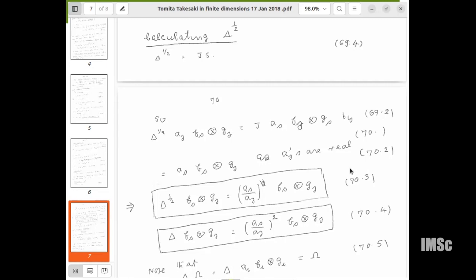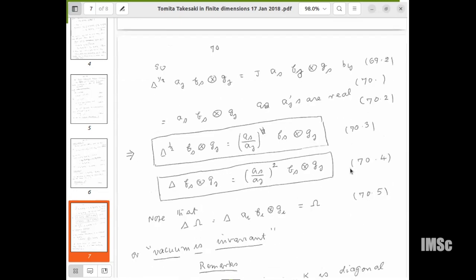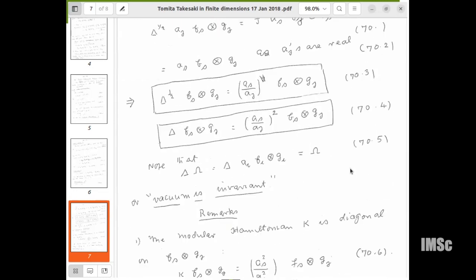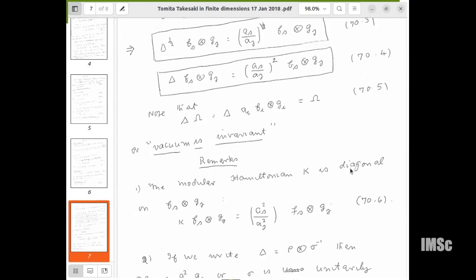I said here that the vacuum is invariant. So delta K is zero on the vacuum. The modular Hamiltonian is zero on the vacuum. It is not in the Rindler wedge the boost operator. It is the boost operator on the left minus the boost operator on the right.